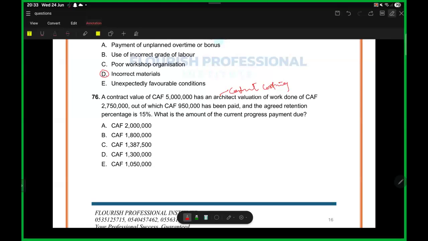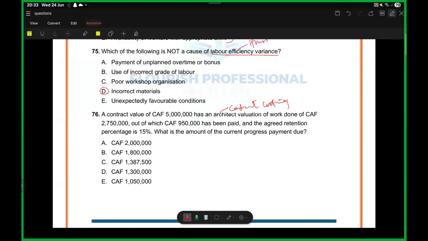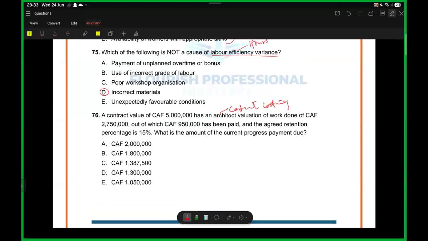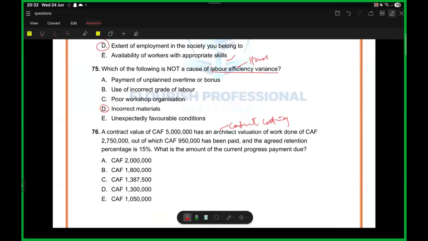But number 75, for the A. Okay, number 75 for the A. Hello, 75. Yeah, I'm listening to you. Do you want the answer to be A, or should I explain again?